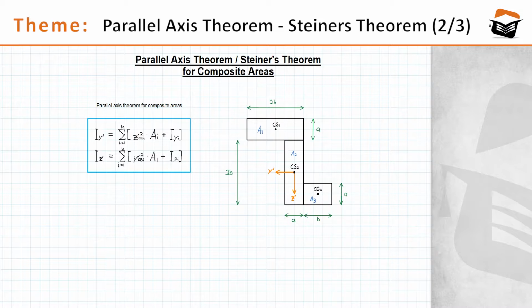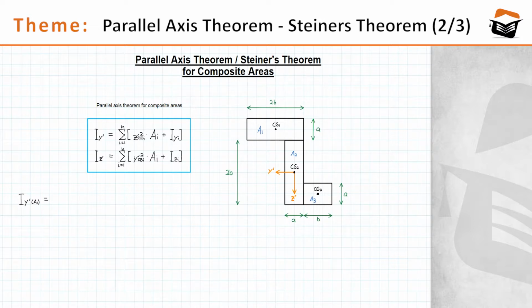That's just for a better overview. And the area moment of inertia of the rectangle A1 will be labeled as I sub y' A1. Okay, and that is equal to z' sub cg squared.